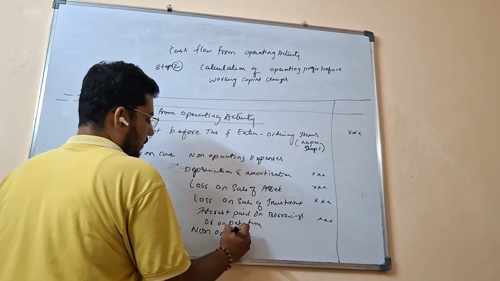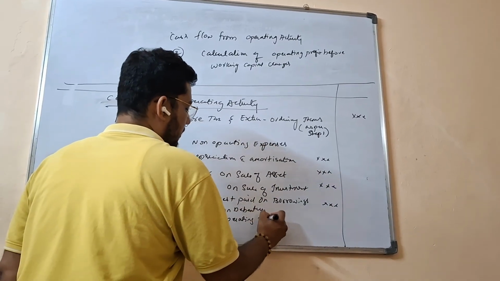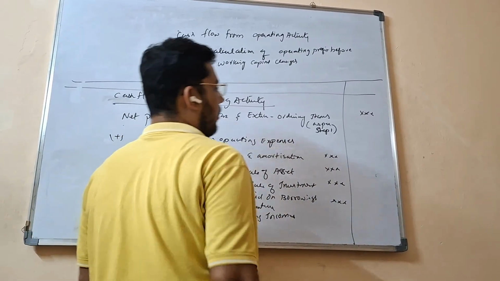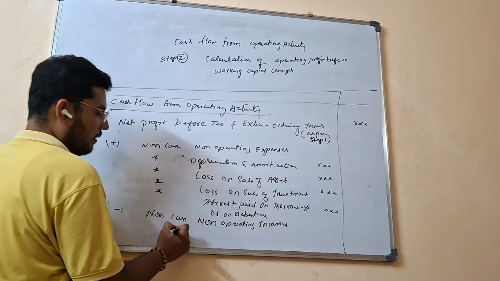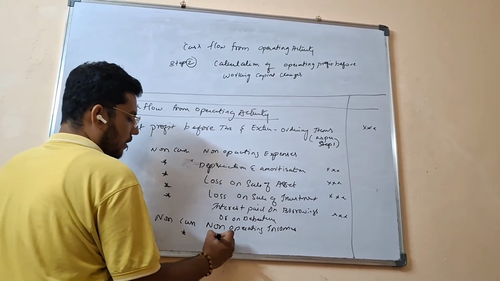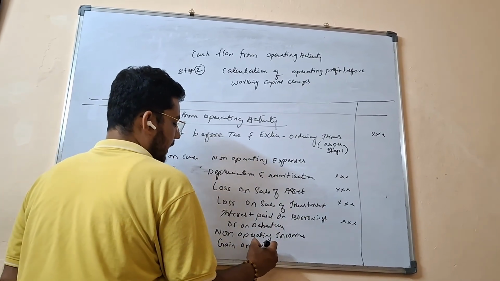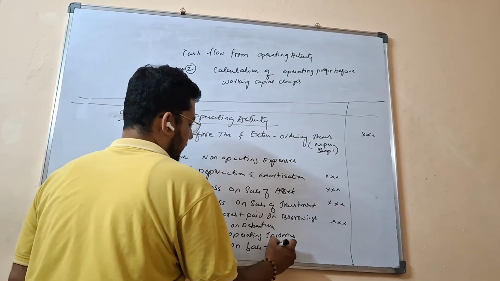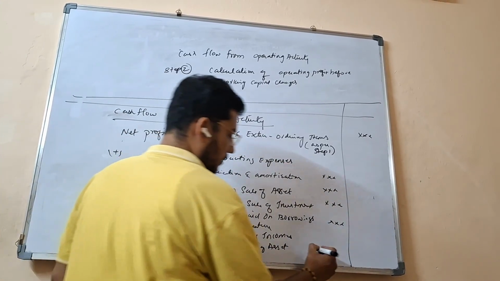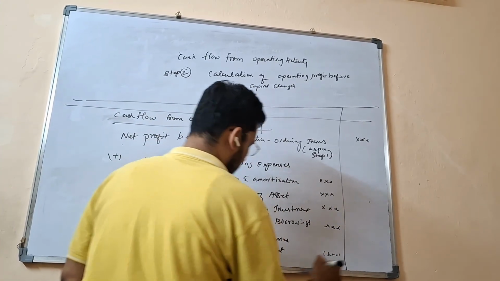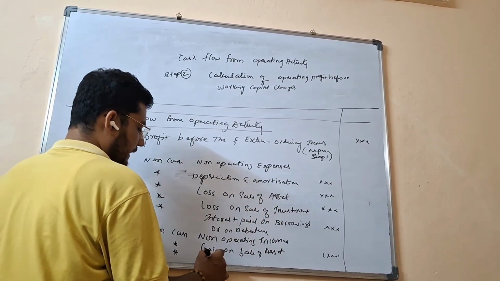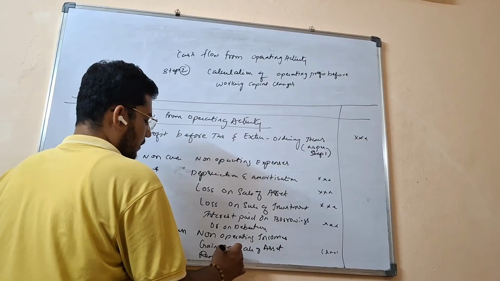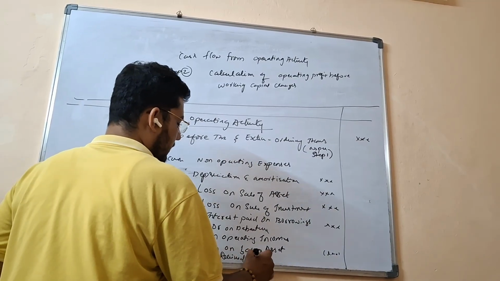Next, for subtraction, we are going to take non-cash, non-operating incomes, that is gain on sale of asset, rent received, dividends received.